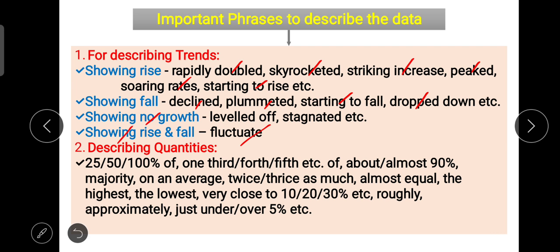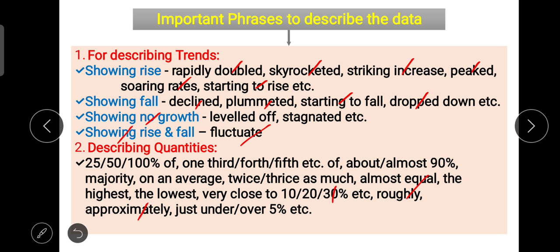Describing the quantities. Suppose the data is given and we have to mention the quantity. So it can be like 25% of, 50% of the given data, or 100% of, in this way, 1/3, 1/4, 1/5 of something, then about 90%, almost 90%, majority, on an average, twice as much, thrice as much, 4 times as much, 5 times as much, almost equal, the highest, the lowest, very close to 10%, very close to 20%, very close to 30%, and so on.